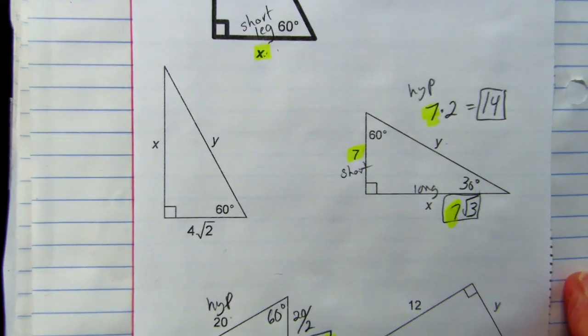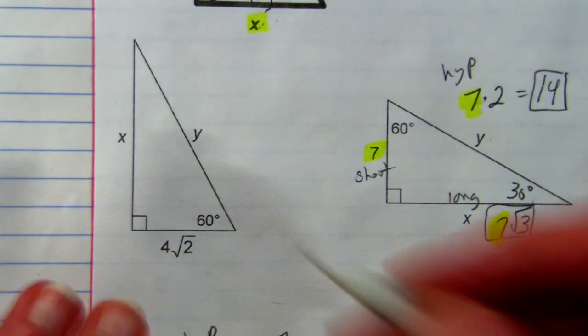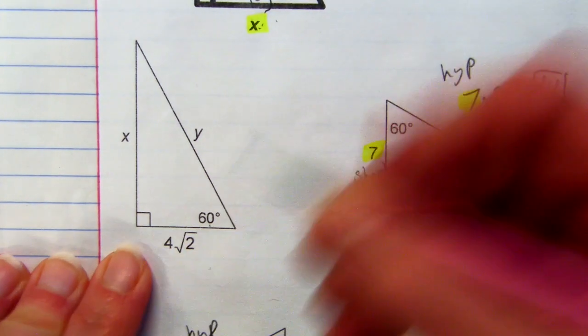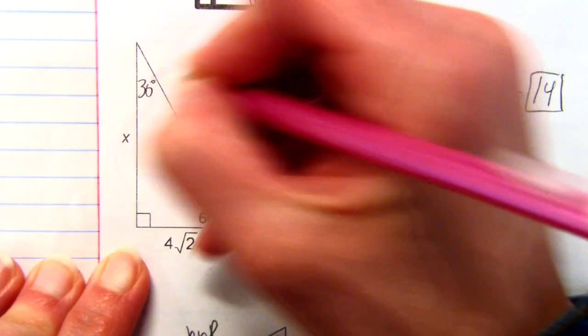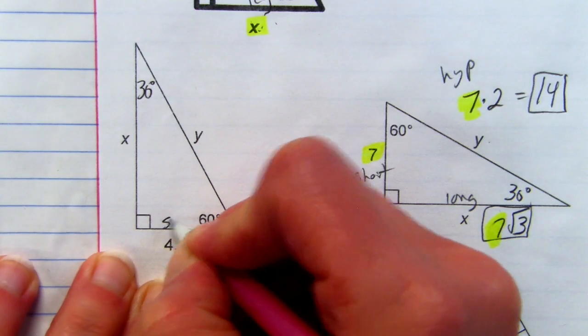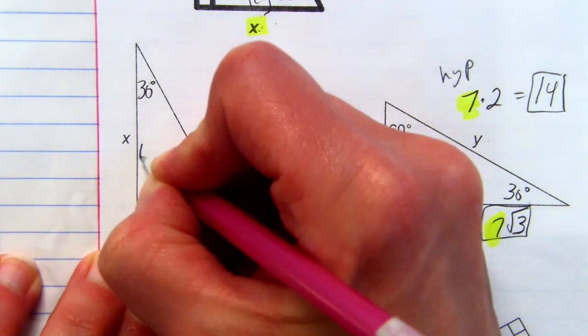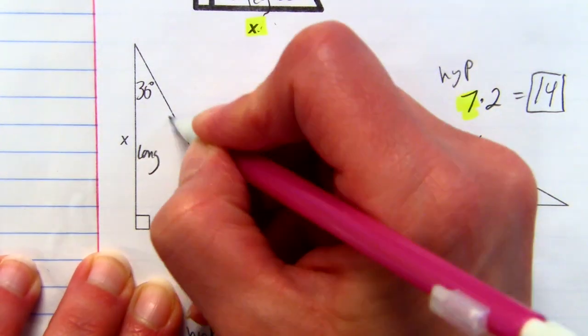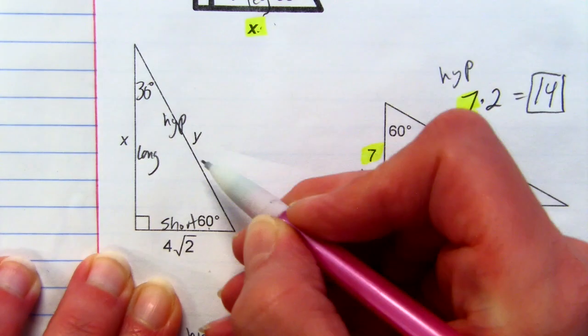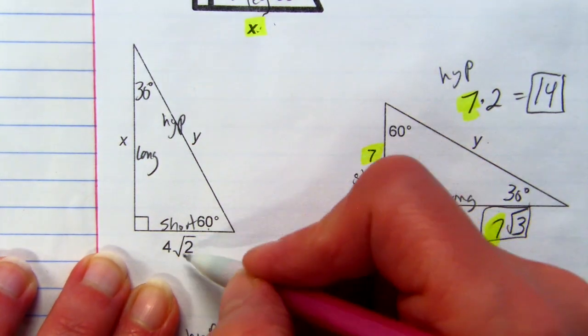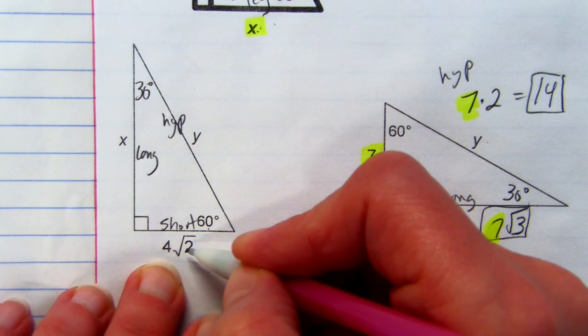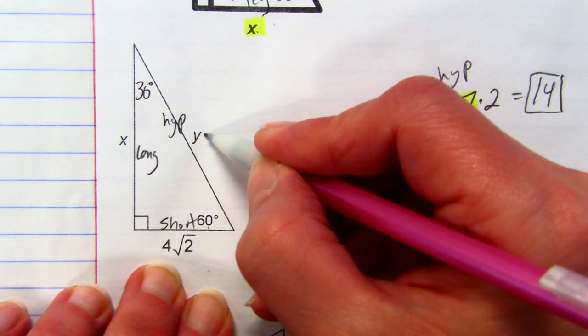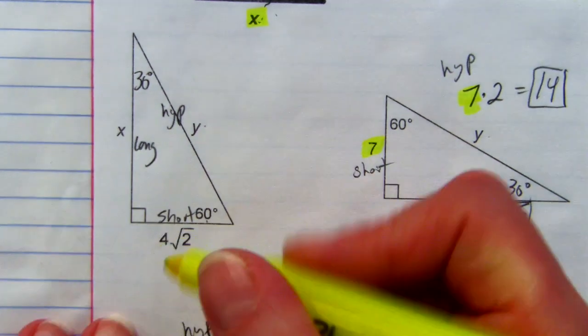They're making them a little bit more interesting. So on this one, I've got 60 here, 90 here. That means this is my 30. And so this side is my short leg, this side is the long leg, and this side over here is my hypotenuse. So if I'm going from my short leg to the hypotenuse, I'm supposed to take it times 2.